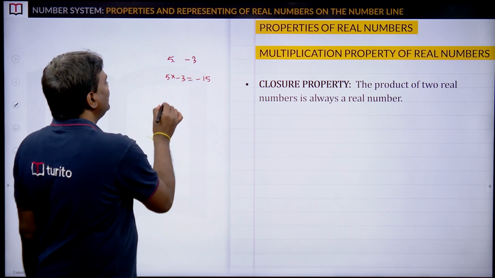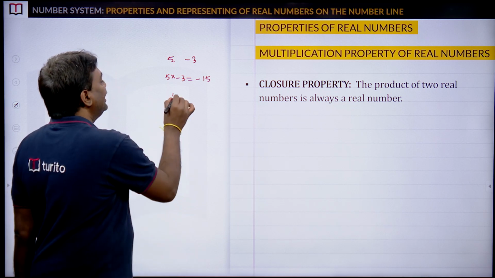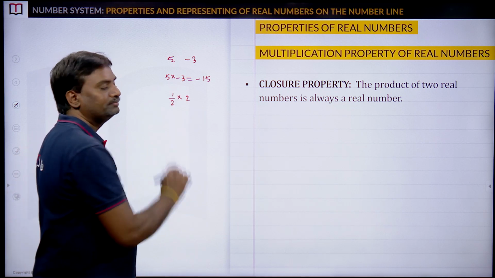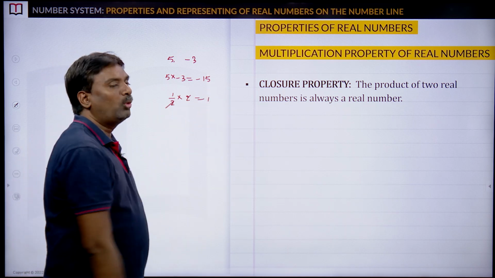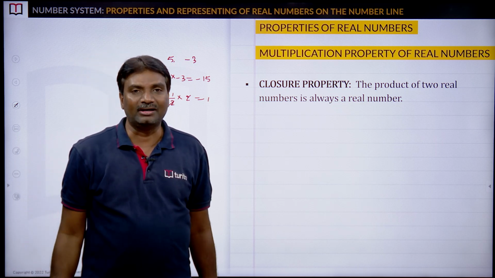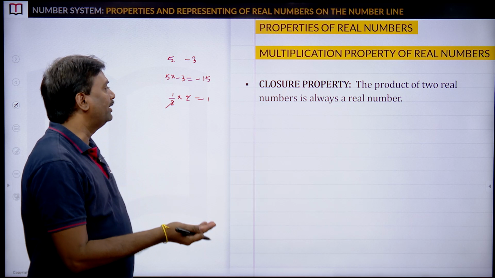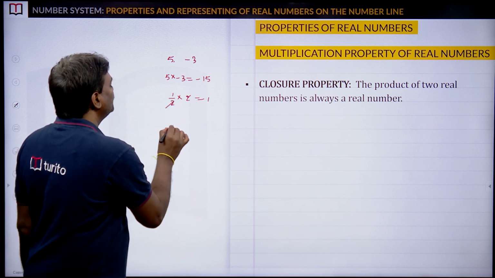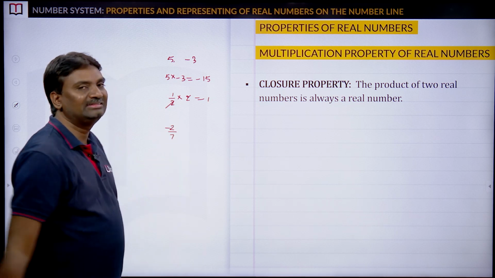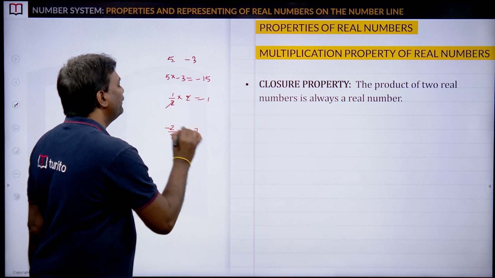Suppose the first real number is 1 by 2 and the second real number is 2. Multiply them: 1 by 2 into 2, the 2s get cancelled, we get 1, and 1 is also a real number. You may take positive real numbers, negative real numbers, or one positive and one negative. Suppose the first one is minus 2 by 7 and the second one is minus 7 by 2.